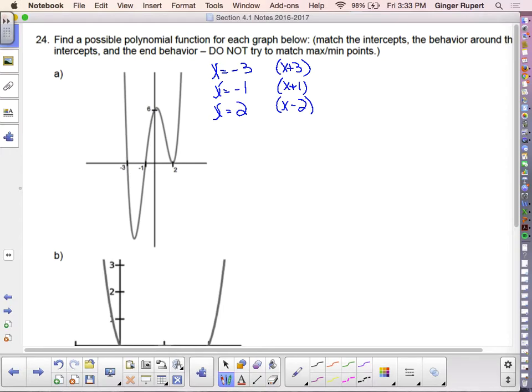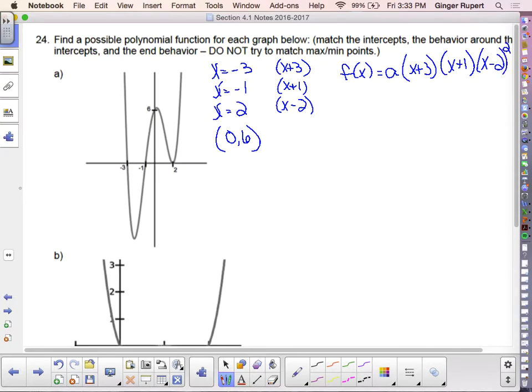Let's see, it says find those. You know you have a y-intercept at 0, 6. So let's take a look at what this function will look like. I have f of x is equal to a times x plus 3 to the first power, x plus 1 to the second power, and x minus 2 squared.